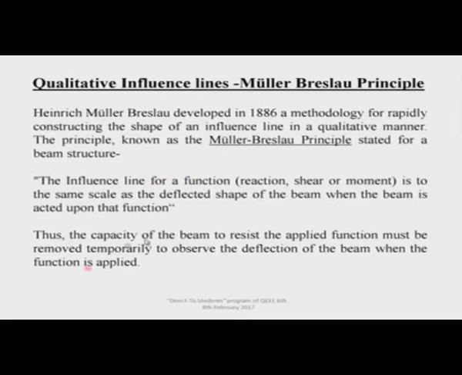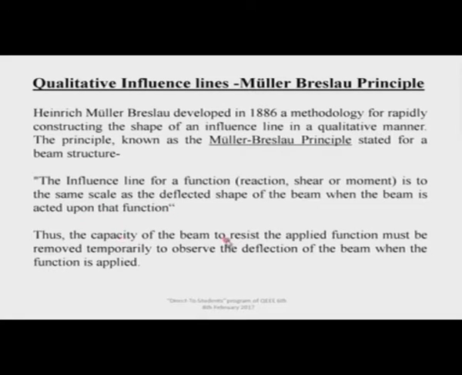Let me read carefully once again the principle. The influence line for a function, reaction, shear or moment is to the same scale as the deflected shape of the beam when the beam is acted upon by that function. By is missing here, just put it.